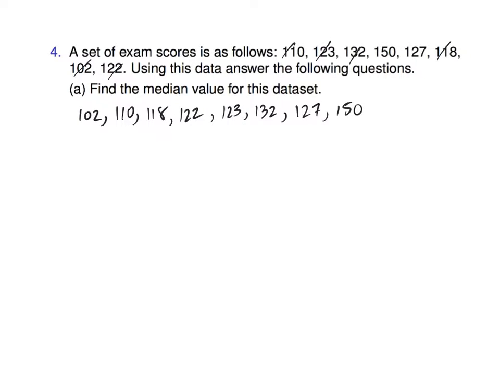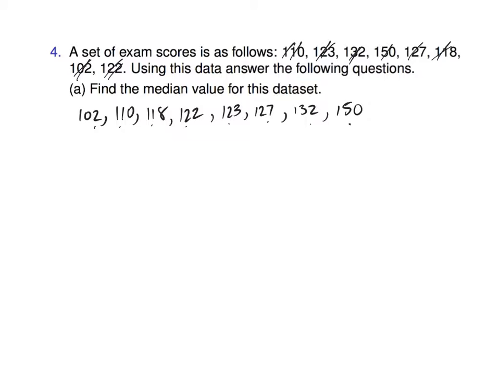Did I miss somebody? Oh, I just put them backwards. Yes, 127 should go before 132. Thank you. One thing you can do to check that you have all the numbers is to just count them. I have 1, 2, 3, 4, 5, 6, 7, 8. That's how I check that I got them all when I reorder them in my list.